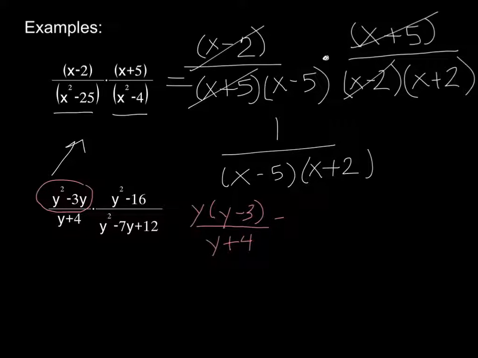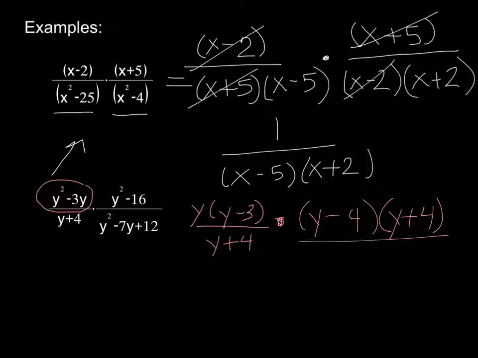times, this is a difference of 2 squares, y minus 4, y plus 4. And the denominator here, I'm looking for 2 numbers that multiply to 12 that add to negative 7, y minus 4 and y minus 3.